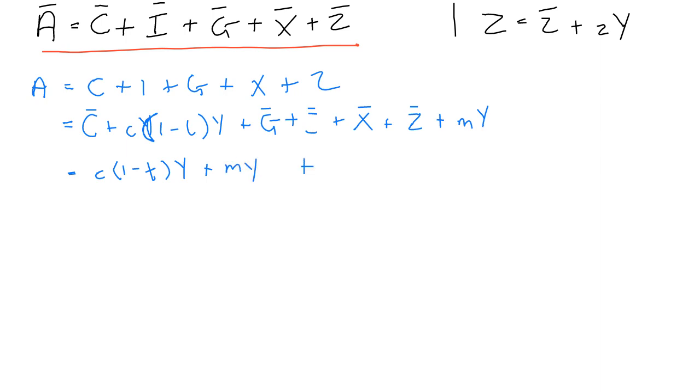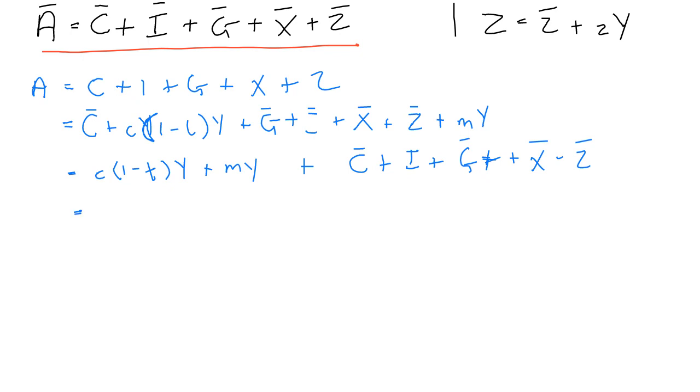Plus your autonomous spending, which is C plus I plus G plus X minus Z. All right, but we need to deal with these Y's.